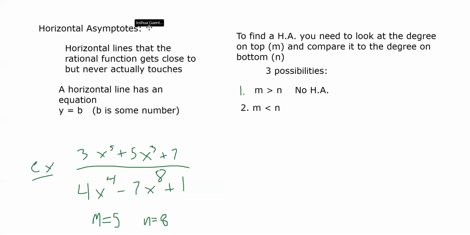So that's what's happening with the horizontal asymptote as well. Now you're going to have a horizontal asymptote, or I'll just call it HA, of y equals 0. The horizontal asymptote is going to be the flat horizontal line, y equals 0, which remember, y equals 0 is the x-axis.